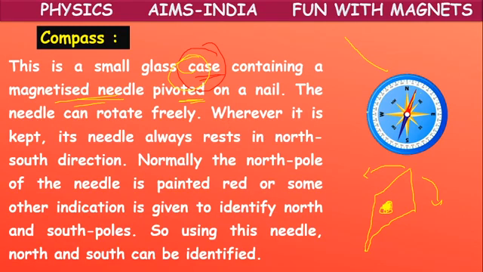Some more directions are there too. This is north, east, south, west. Between north and west is northwest, and likewise northeast, southeast, southwest; all the directions were indexed on the compass.